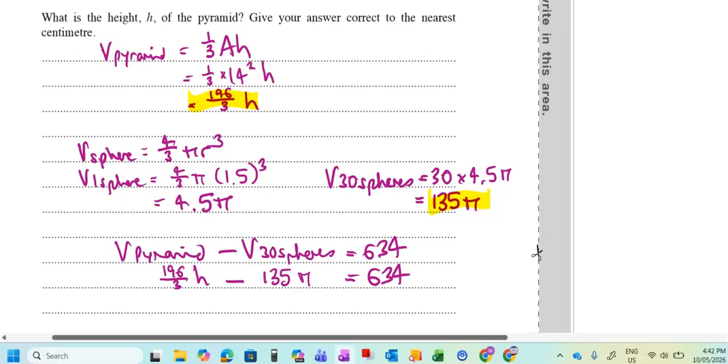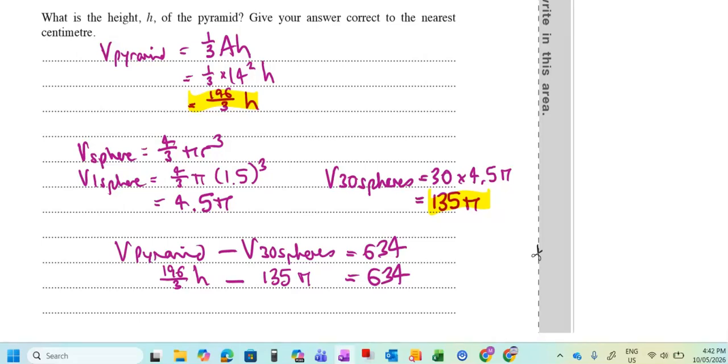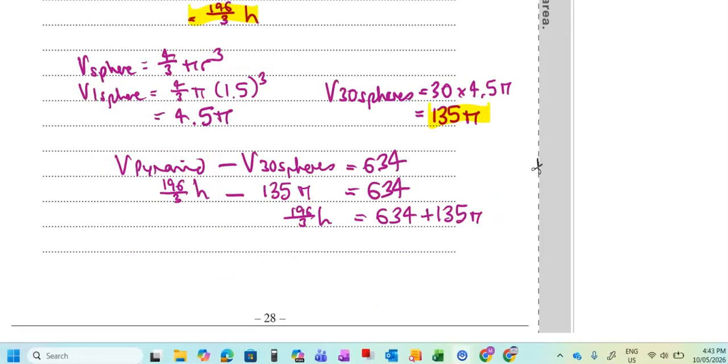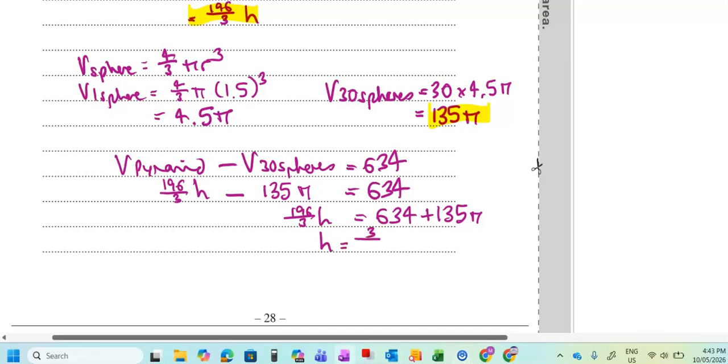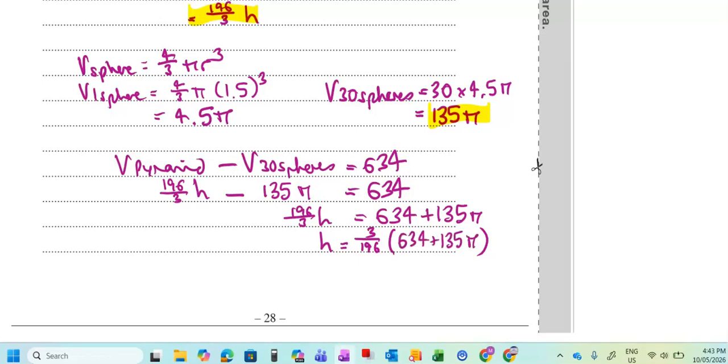So now we're just solving for H. So 196 on 3 lots of H must equal 634 plus 135 pi. So H equals 3 over 196 of whatever that adds up to. And I glance at the instructions. They're inviting me to give my answer correct to the nearest centimetre.